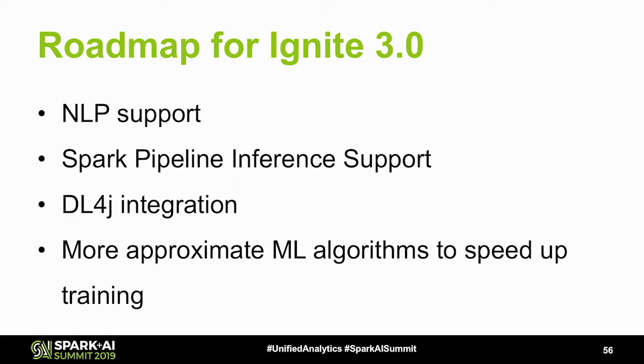And I'm trying to add more approximate ML algorithms like ANN, the approximate version of KNN, which could be faster than the current implementation, which is not approximate. But I hope that we can keep the accuracy of these algorithms, and they can be used in a distributed nature.